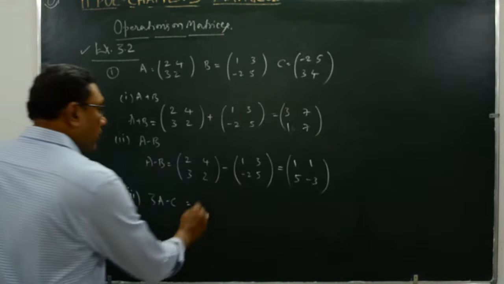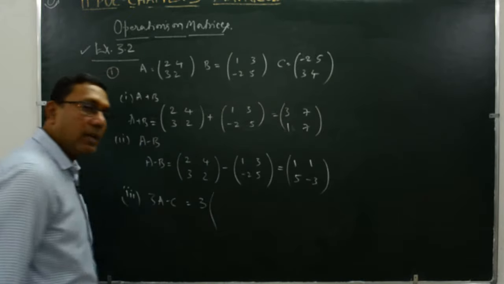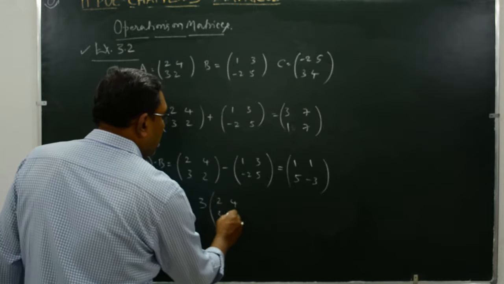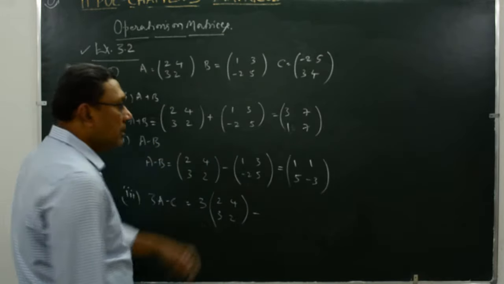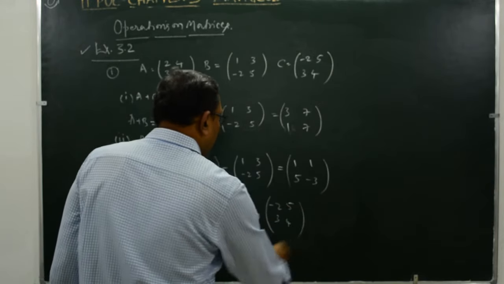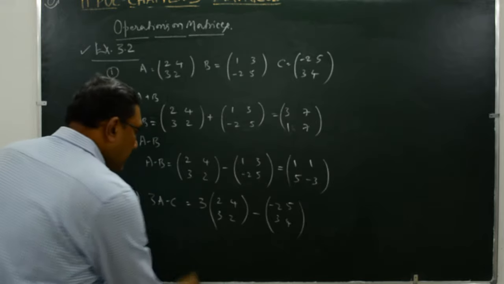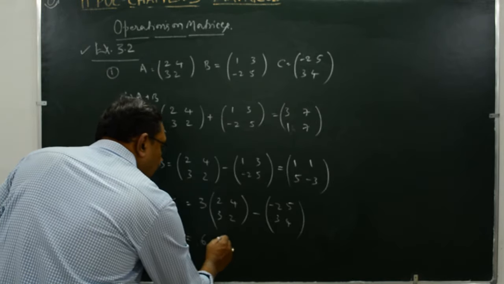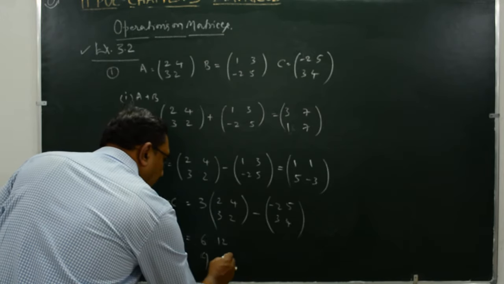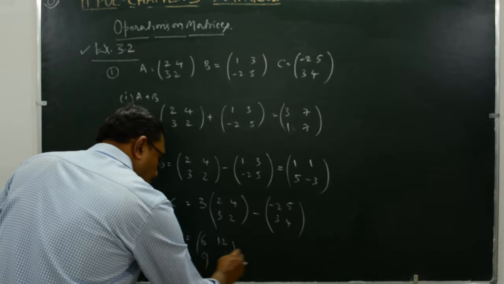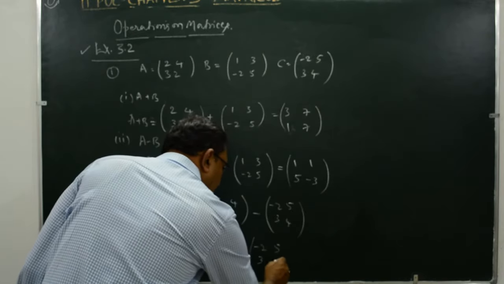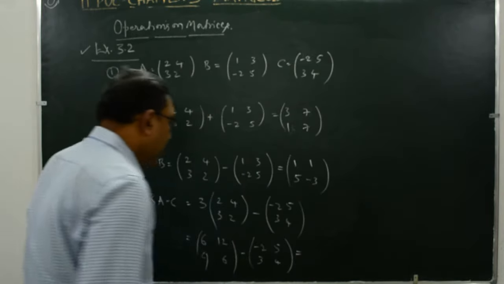We have to multiply by a scalar quantity 3 to the matrix A, [2, 4; 3, 2], and subtract it with C, which is [-2, 5; 3, 4]. 3 2s are 6, 3 4s are 12, 3 3s are 9, and 3 2s are 6. This should be subtracted with [-2, 5; 3, 4]. What will be the resultant matrix?